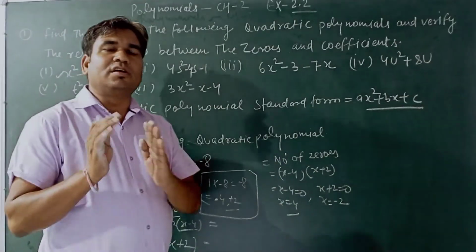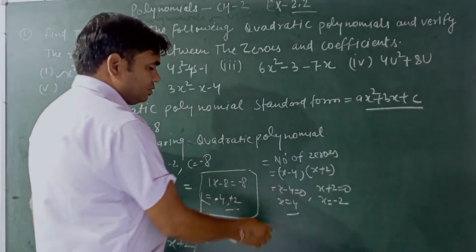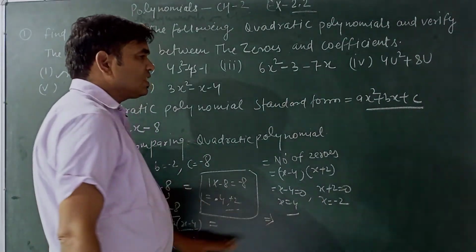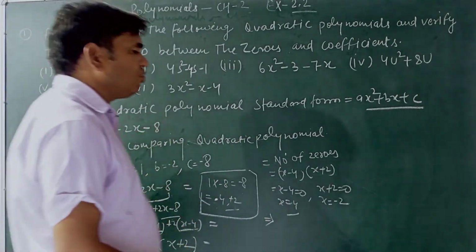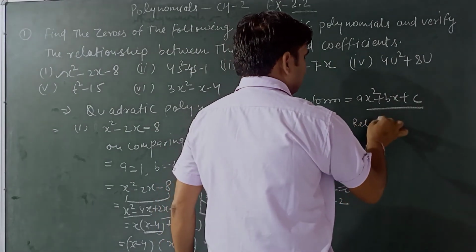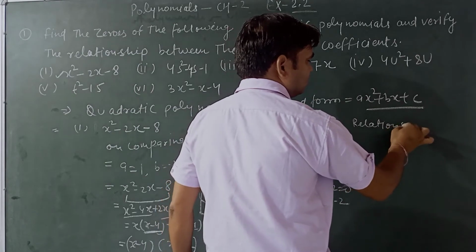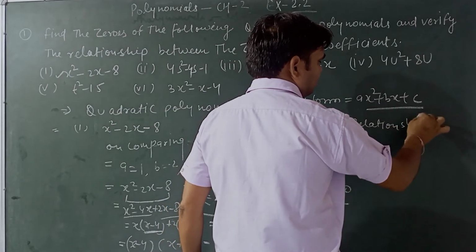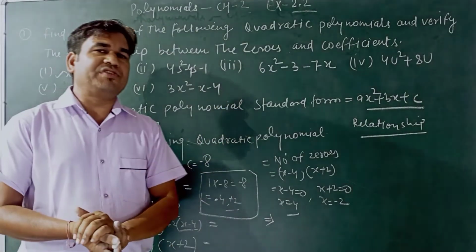So the zeros are 4 and minus 2, and now we have to discuss the relationship between the zeros and the coefficients.